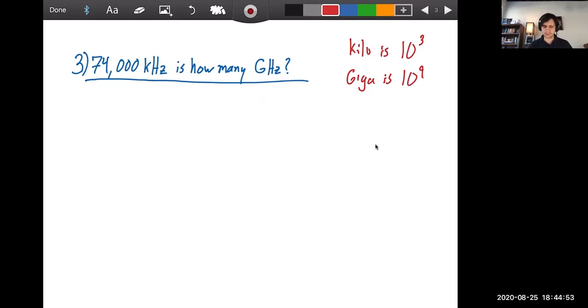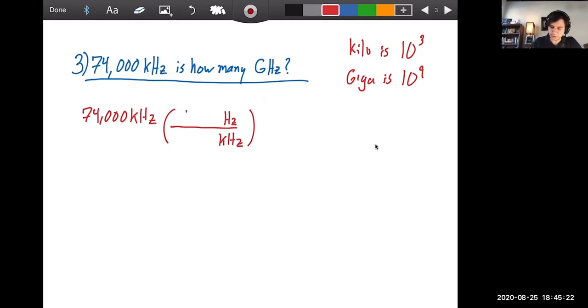All right, so let's do the formal way first. Start with what I know: 74,000 kilohertz. Let's go ahead and put this in hertz first and then take the problem from there. I know that there are 1,000 hertz in 1 kilohertz.